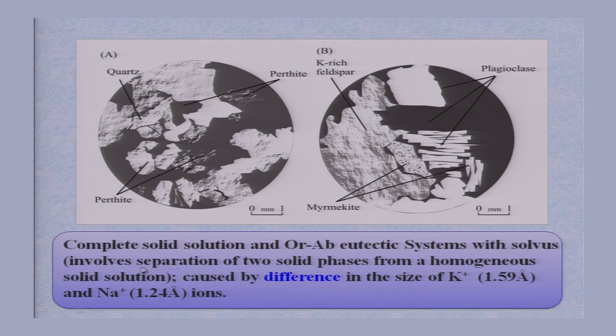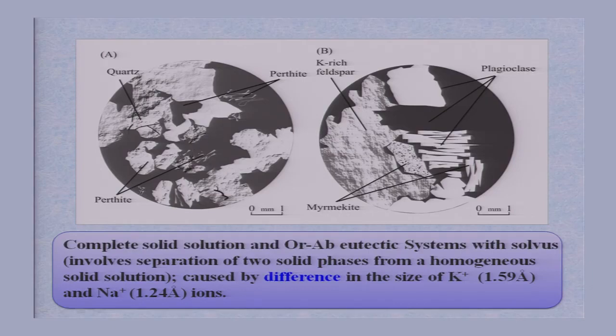With solvus, it involves separation of two solid phases from a homogeneous solid solution. Two solid phases, that means this is the perthite here. These two phases are exsolved from the other mineral phases, caused by difference in the size.